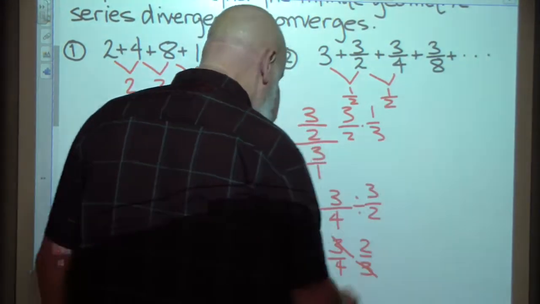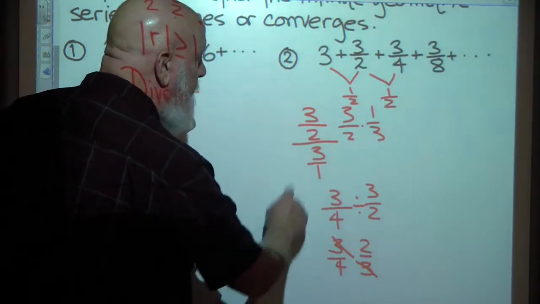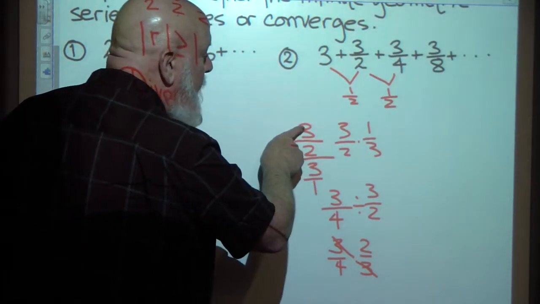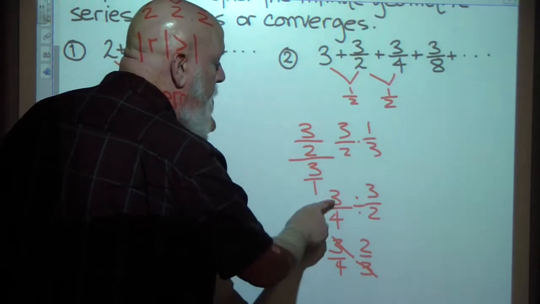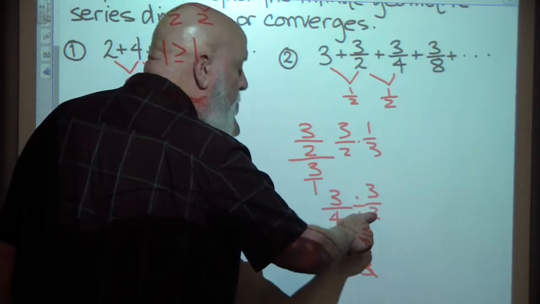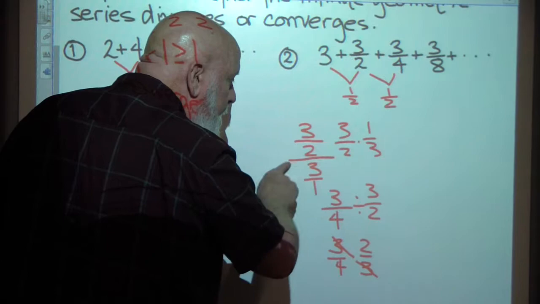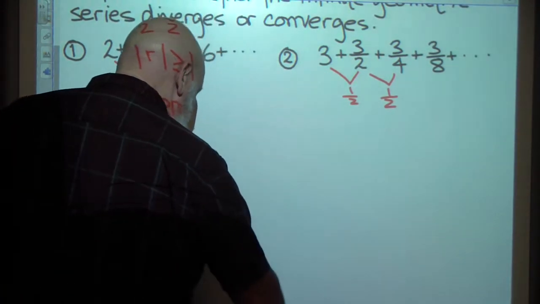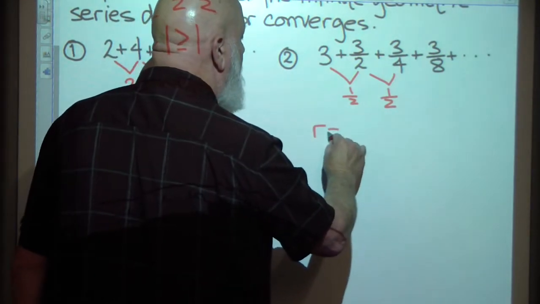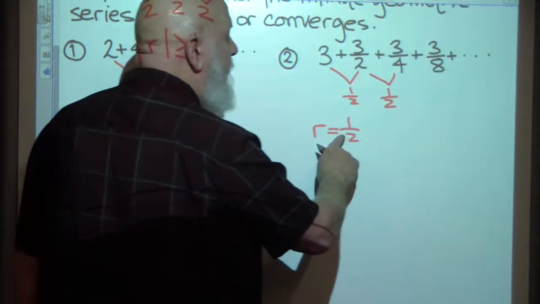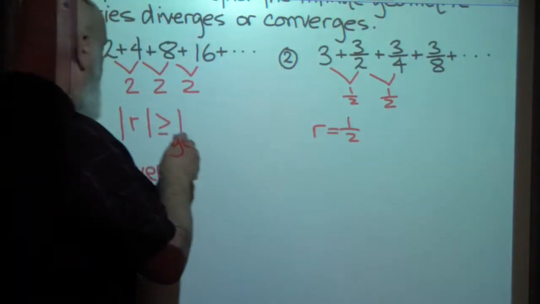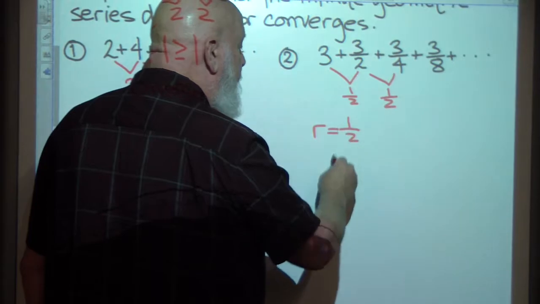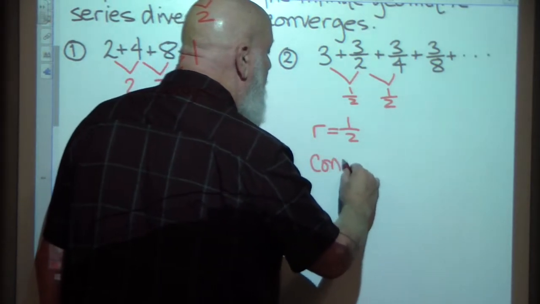So our common ratio is 1 half. Don't forget that a fraction bar means the word divided by. So you can think of 3 halves divided by 3 over 1, or 3/4. You can put it 3/4 over 3 halves. Divided by and a fraction bar mean the same thing. We found our common ratio. The absolute value of this is not greater than or equal to 1. In other words, it's less than 1, greater than 0, and therefore it converges and we can find the sum.